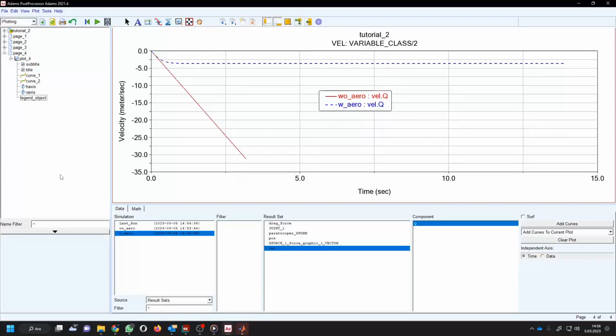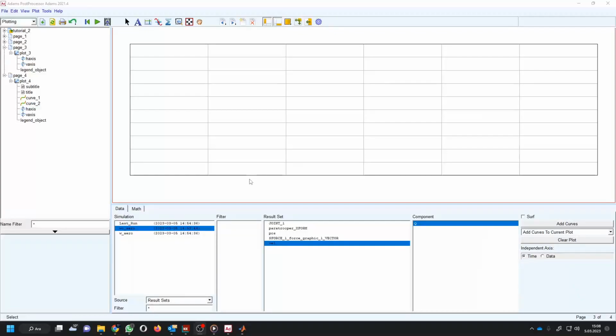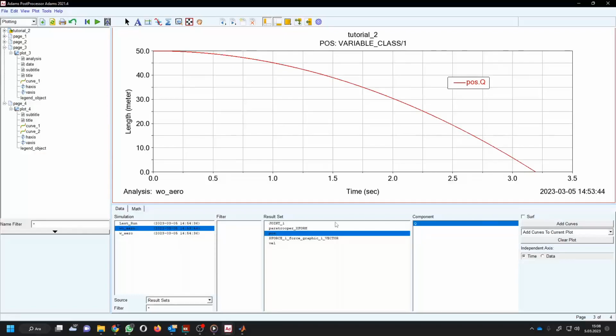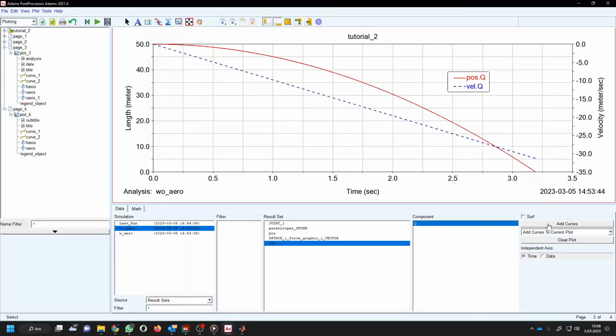So I will export these values so that I can use them as arrays in my MATLAB script. Before exporting those values, I'm going to plot the variables for one model on one plot, so I won't get confused during importing those values on the MATLAB side. So the first graph will be position and velocity of my first model.